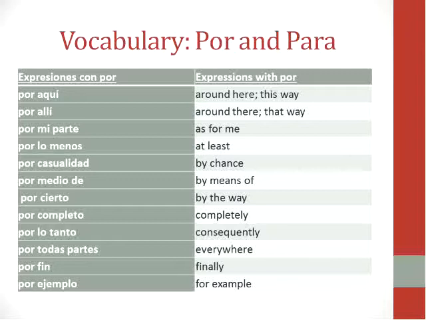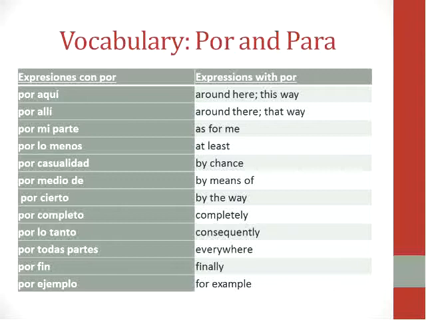Por casualidad, by chance. Por medio de, by means of. Por cierto, by the way. Por completo, completely. Could also use completamente, but this expression, por completo, is also used.